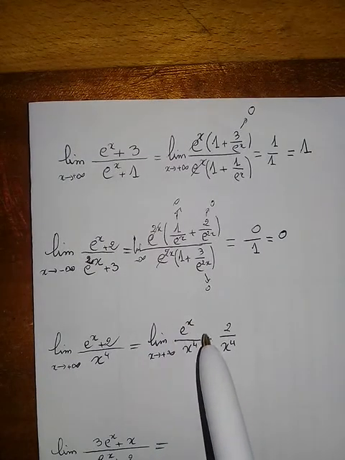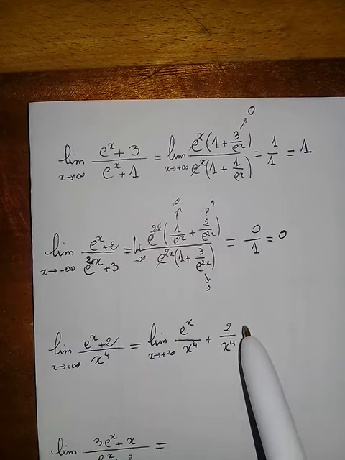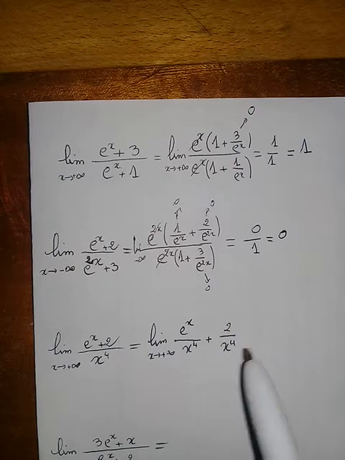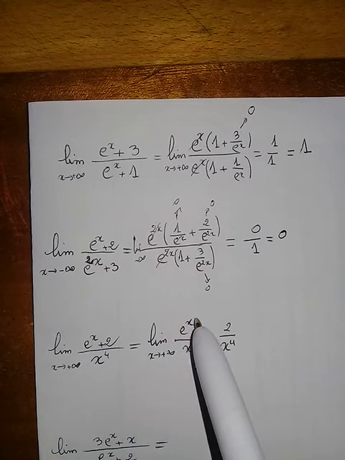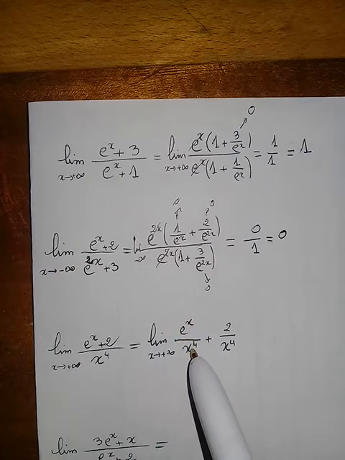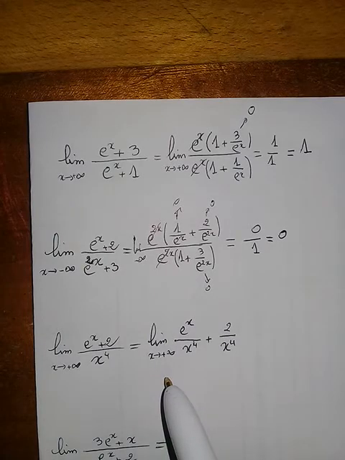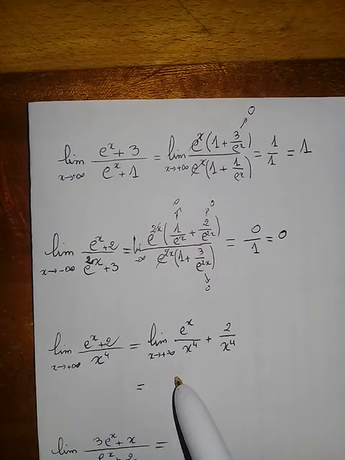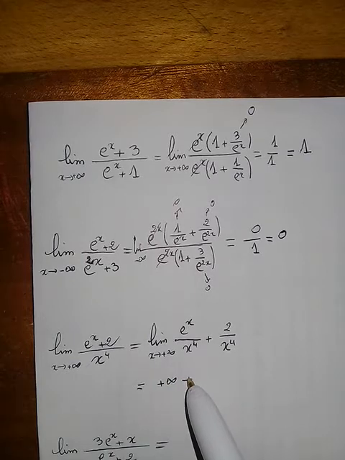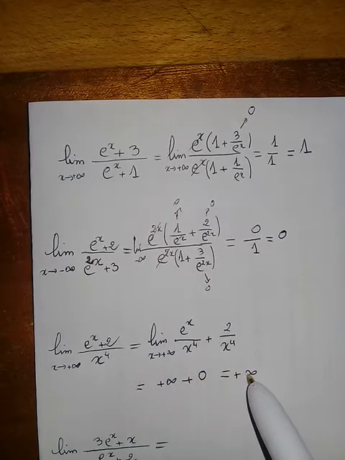Clearly this is positive infinity, and this is a 0 at infinity. Here we said that e to the x over any power of x is positive infinity. So it's positive infinity plus 0, which is positive infinity.